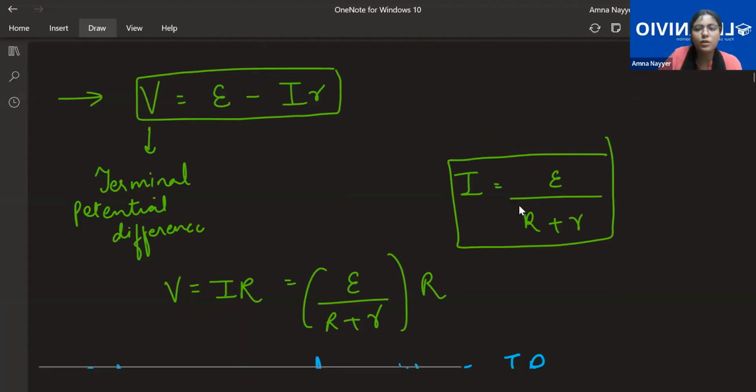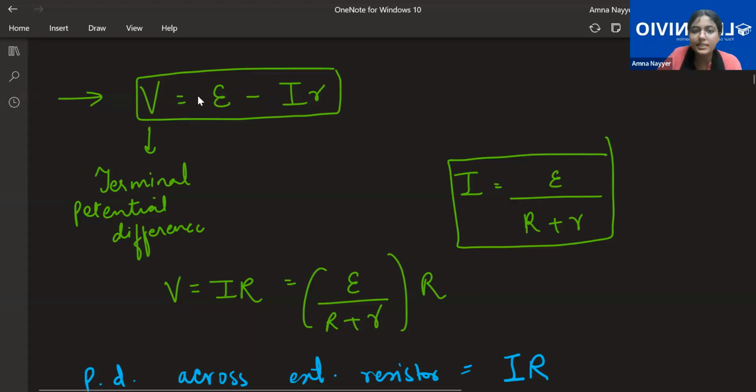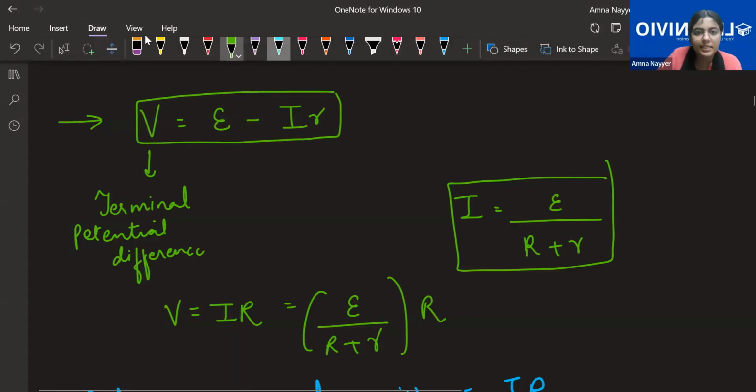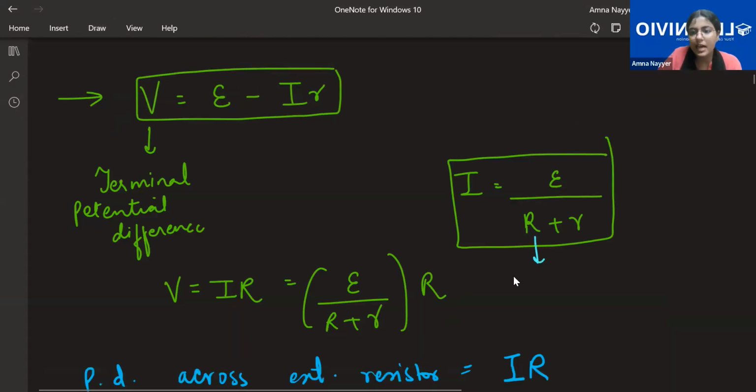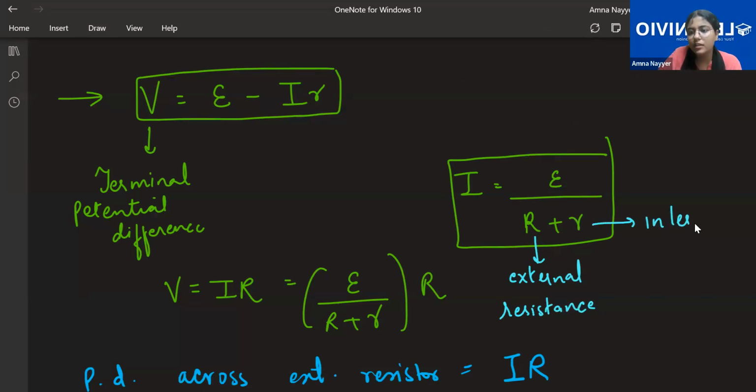Remember, these two are the main actual formulas. Capital R stands for the external resistance, and small r is standing for the internal resistance. External resistance, internal resistance.